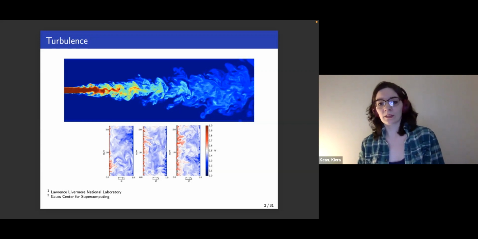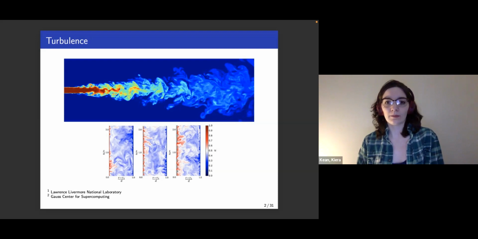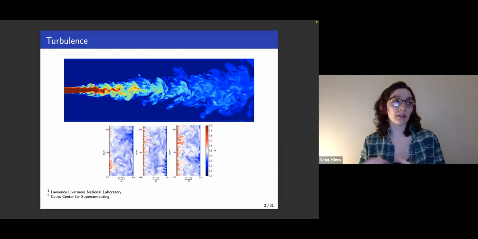A lot of turbulence models are somewhat ad hoc and maybe not supported mathematically. So we want to make sure that when we're using or creating a turbulence model that we're actually capturing what we need to capture and preserving what we need to preserve.